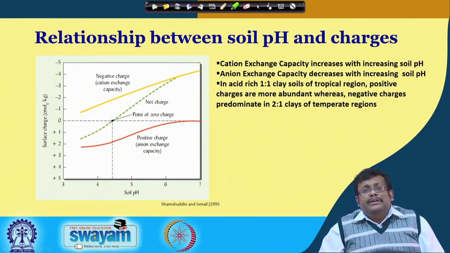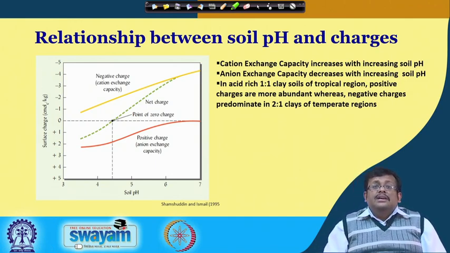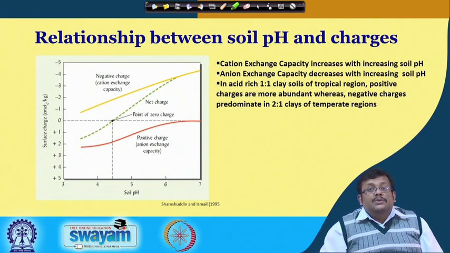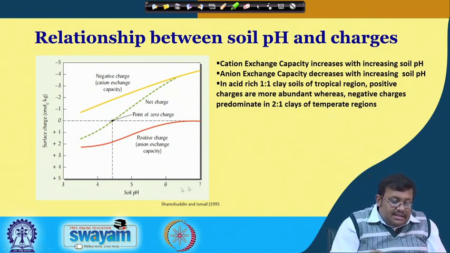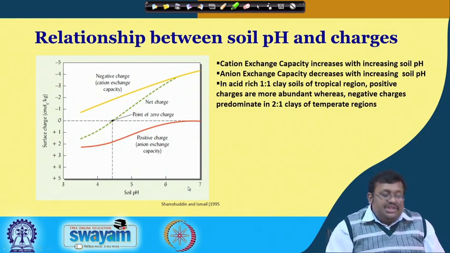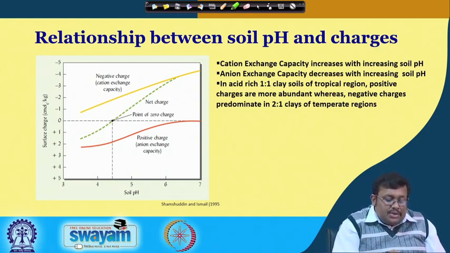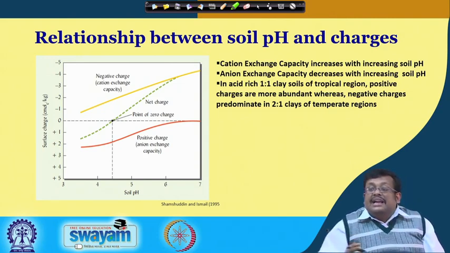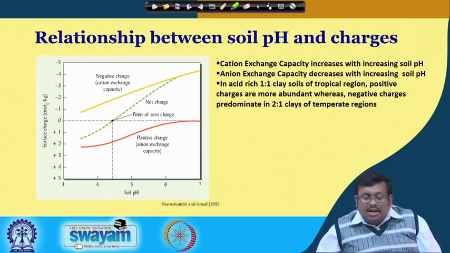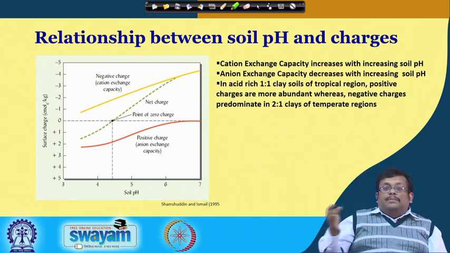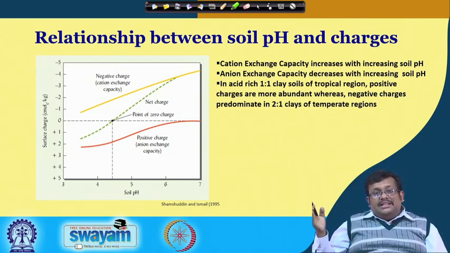So, what is the relationship between pH and charges? Cation exchange capacity increases with increasing soil pH. It is quite obvious, because you can see here the relationship between soil pH and surface charge. As the soil pH is increasing, the negative charge is increasing, or in other words, cation exchange capacity is increasing, because of pH dependent charge.